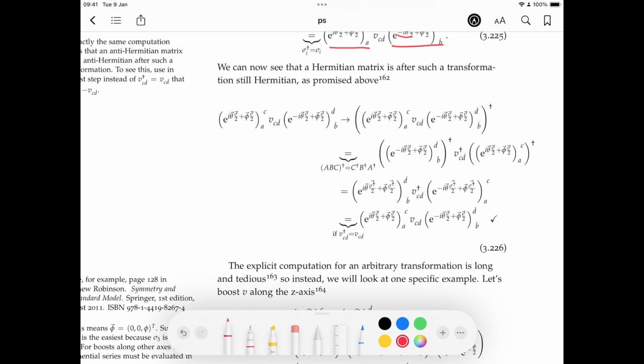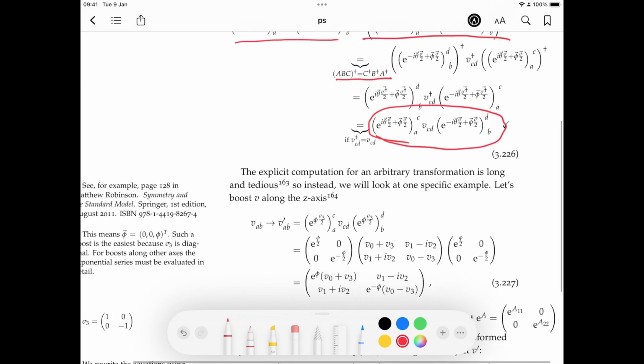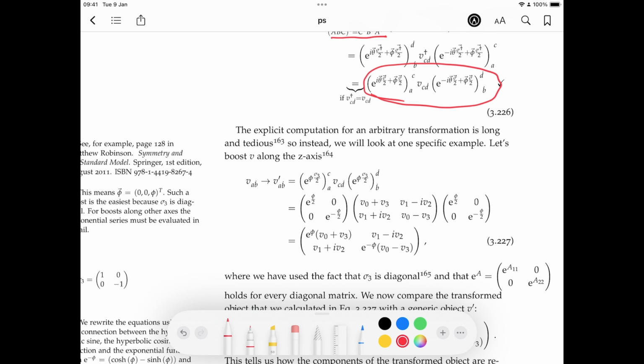Let me take a look at what happens. So these formulas are the same, and then he uses this equation and just conjugates here, applies dagger, to see that we still obtain the same result here. Okay. What happens next?